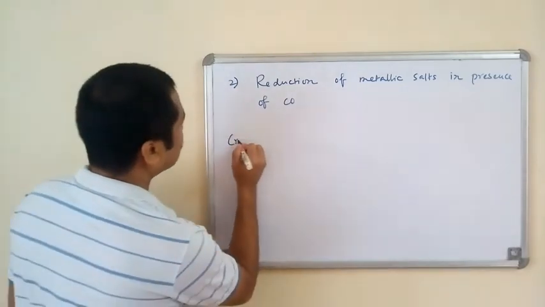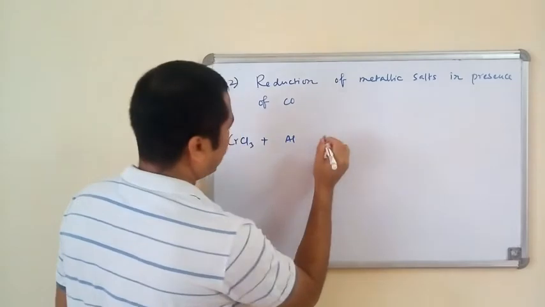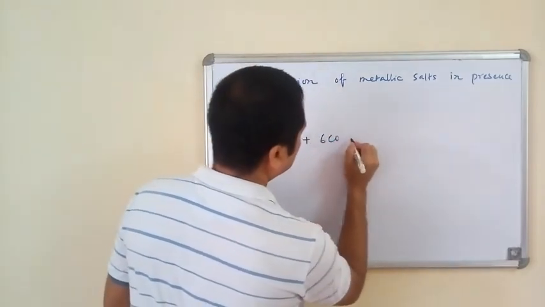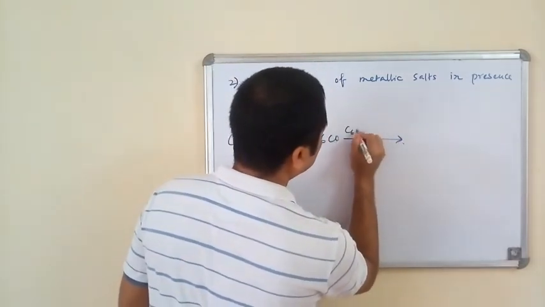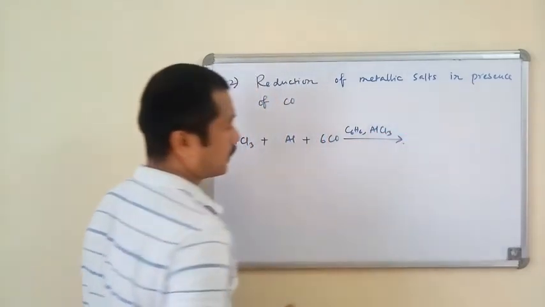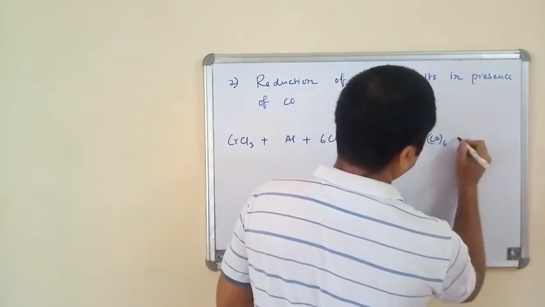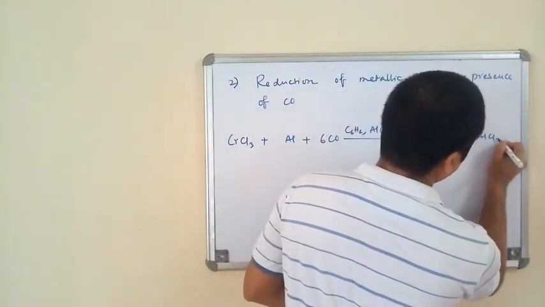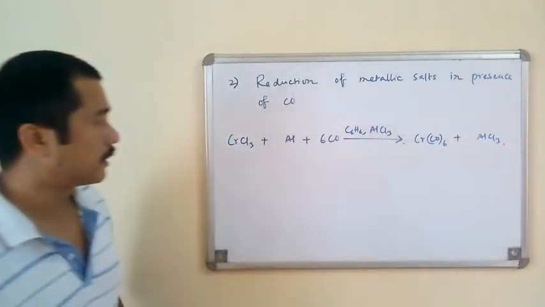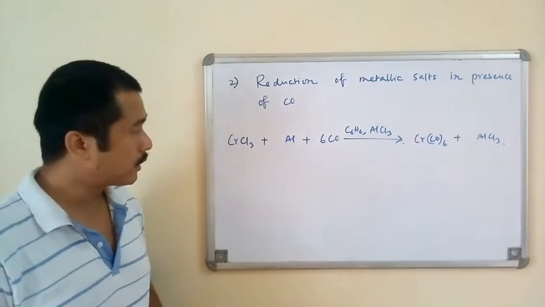If you start with CrCl3, this can be reduced by aluminium in the presence of CO. The reaction is done in benzene with AlCl3 as the catalyst, and it results in chromium hexacarbonyl and aluminum chloride as the byproduct. So this is how one can use aluminum as the reducing agent.